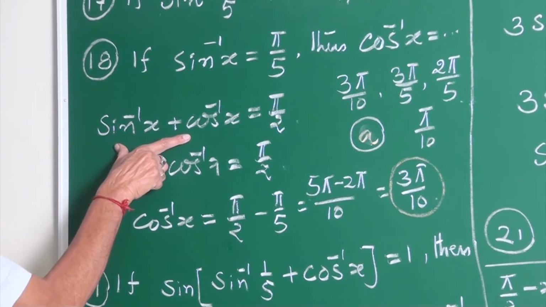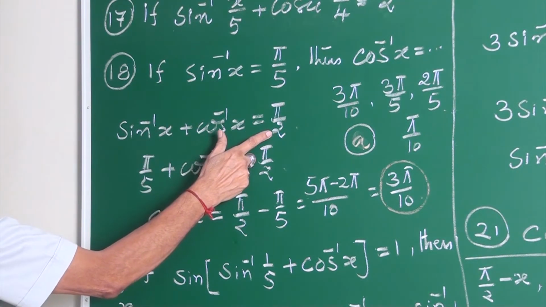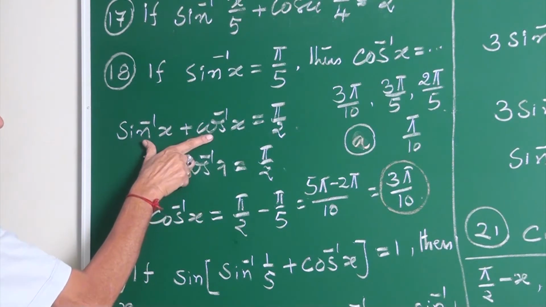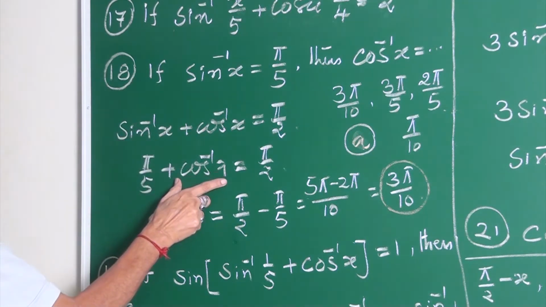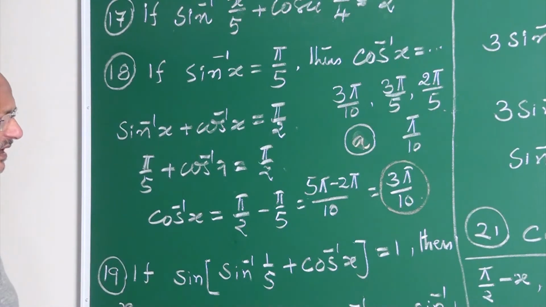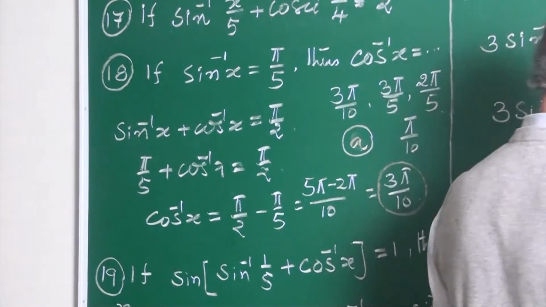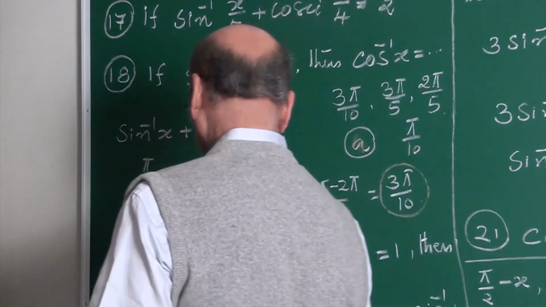Now we can write directly, my friends. This should always be in your mind: sin inverse x plus cos inverse x is pi by 2. Therefore, among the two, cos inverse x is pi by 2 minus the other one.